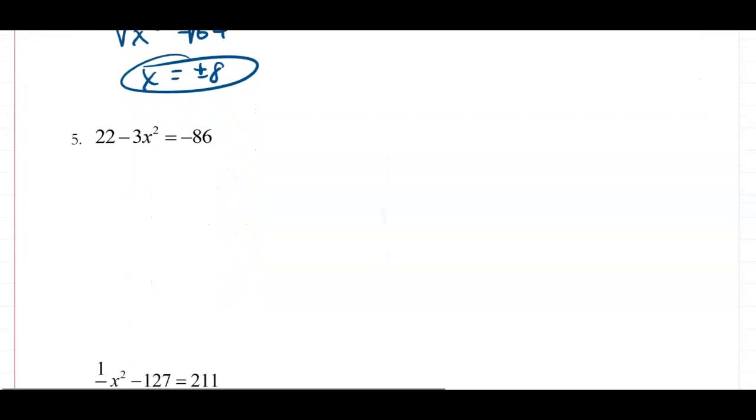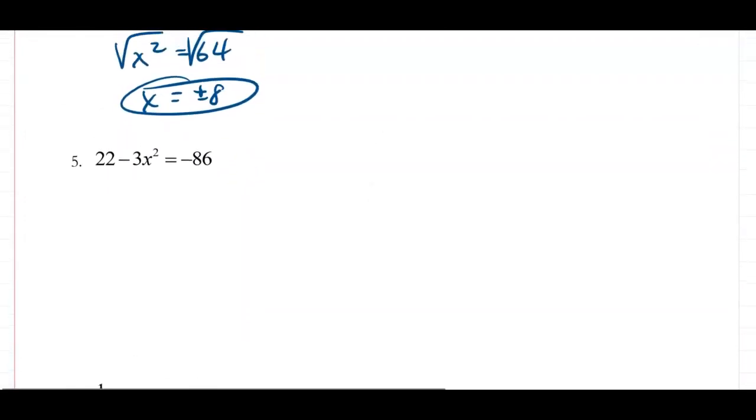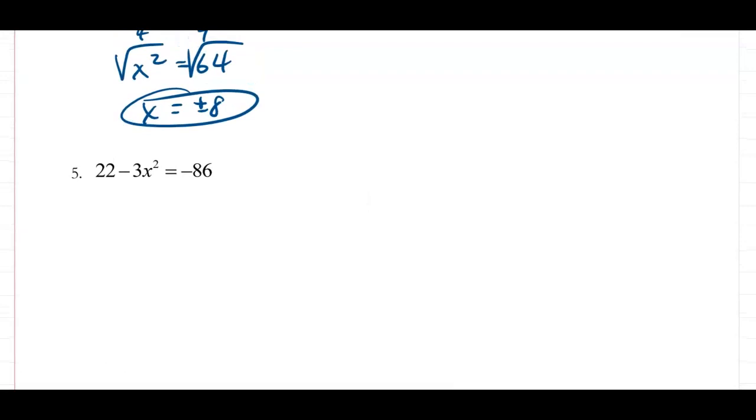The next one is switched up a little bit here. We've got 22 minus 3x squared equals negative 86. So we're going to isolate the negative 3x squared first by subtracting 22 from each side. This will give us negative 3x squared is equal to negative 108.